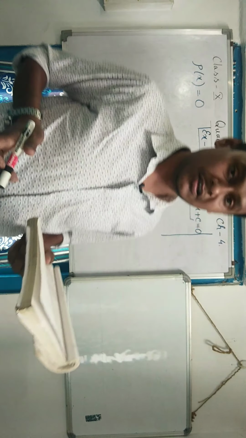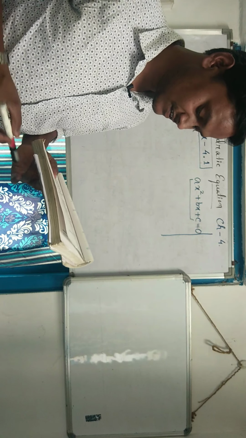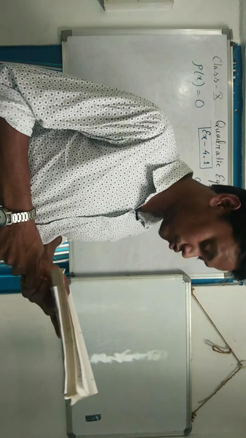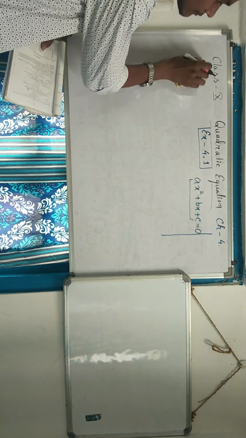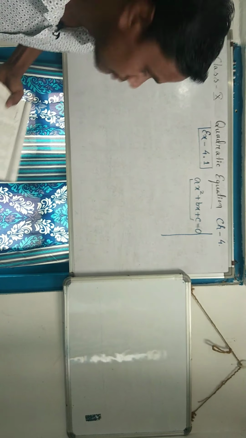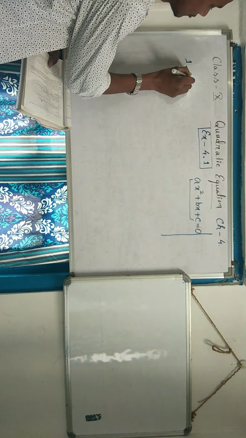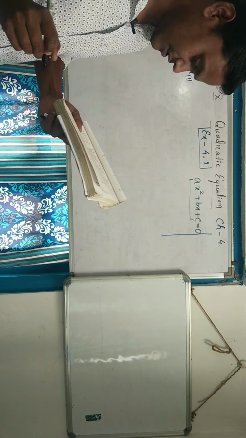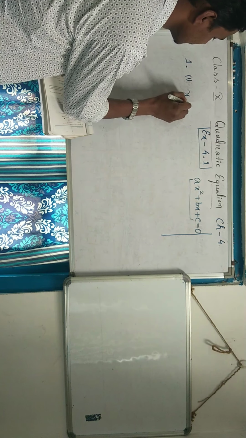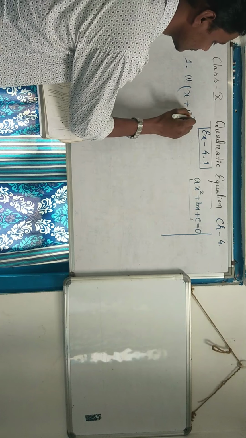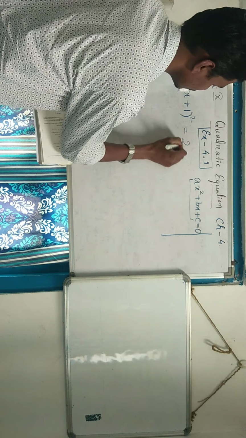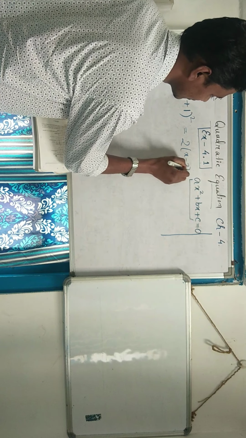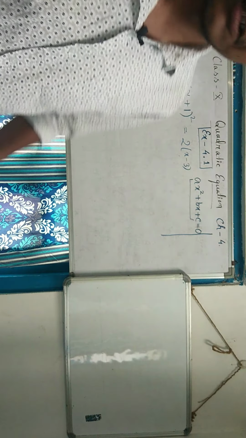The first question, you can see here, is x plus 1 whole square is equal to 2 times x minus 3. So we have to check whether this is a quadratic equation or not.